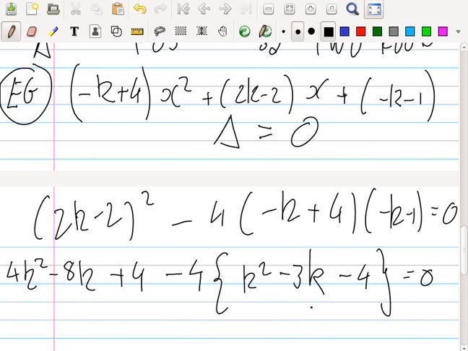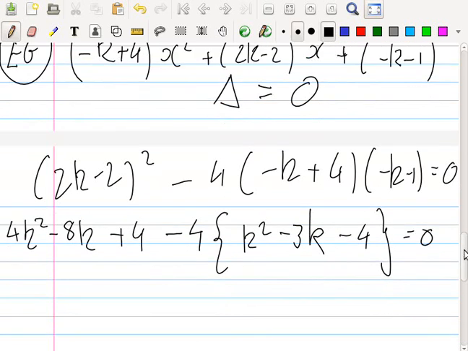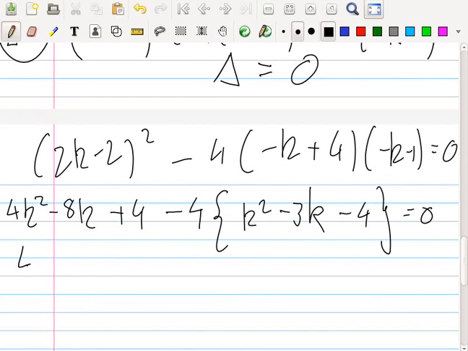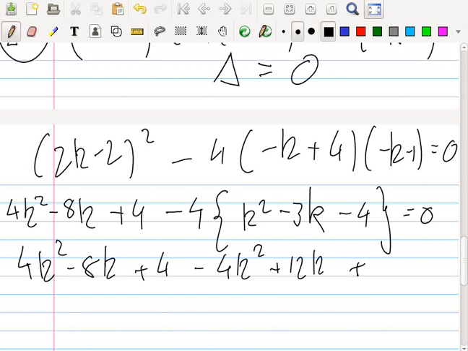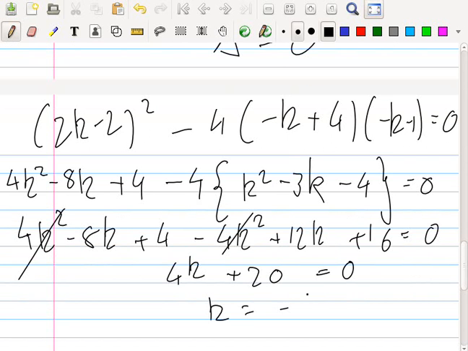Okay. Right, continuing to simplify. 4k squared minus 8k plus 4 minus 4k squared plus 12k plus 16 equals 0. That and that goes. 12k minus 8k is 4k. 16 plus 4, 20 equals 0. k equals minus 5.